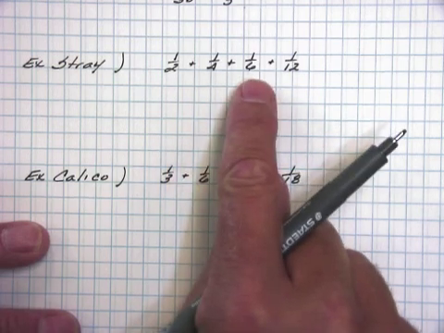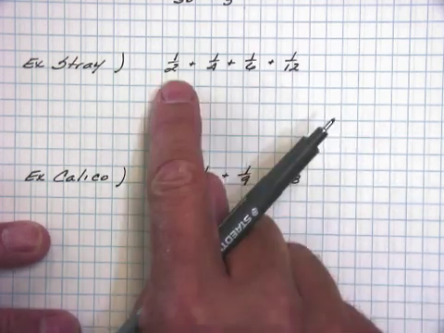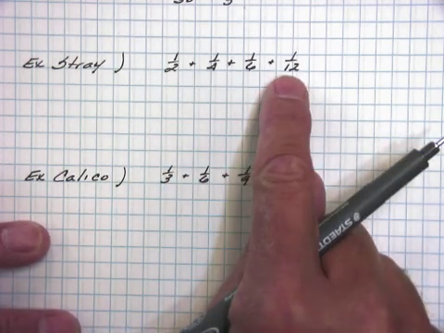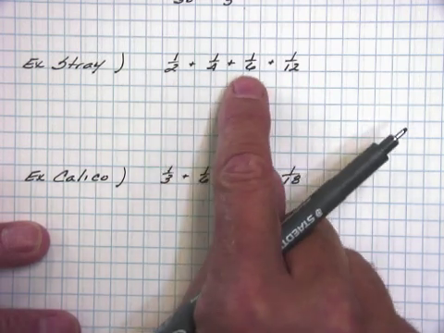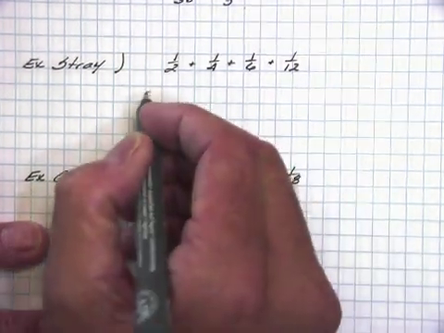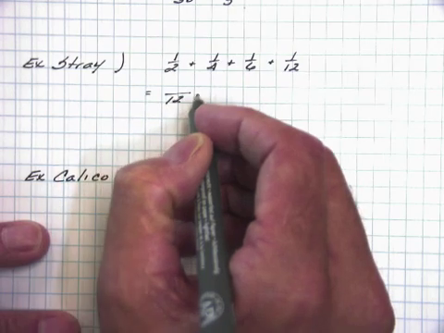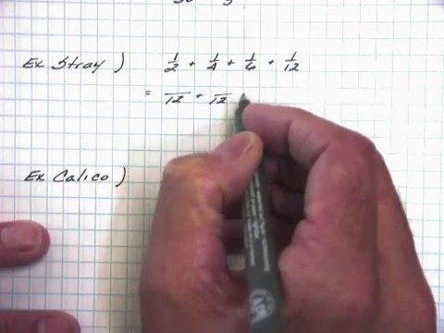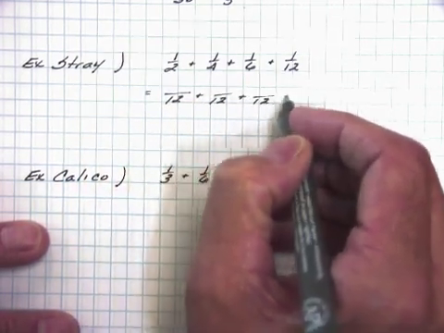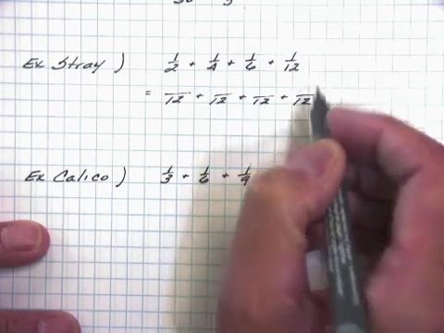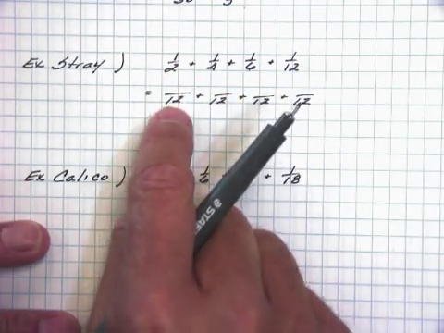Let's try another one. Now we've got 1/2 plus 1/4 plus 1/6 plus 1/12. The least common denominator here is going to be 12, because 2, 4, and 6 all go into 12. So I can rewrite this as something over 12 plus something over 12 plus something over 12 plus something over 12.